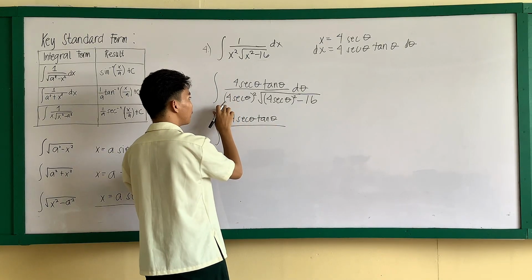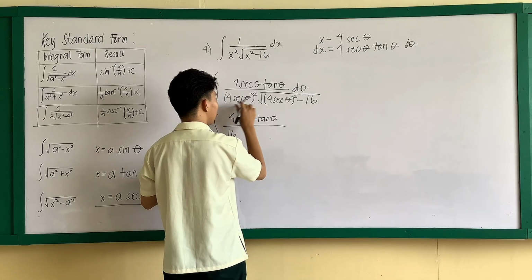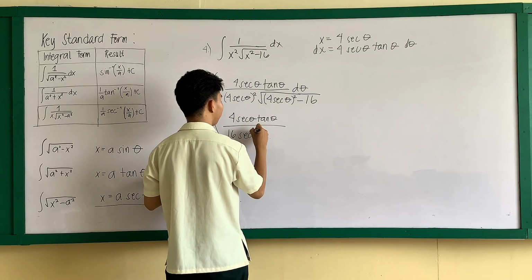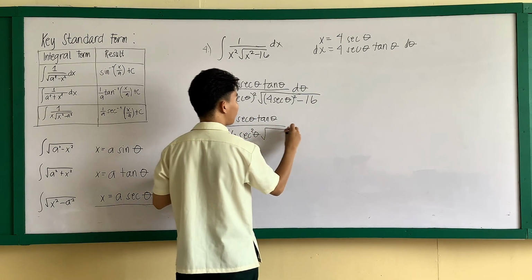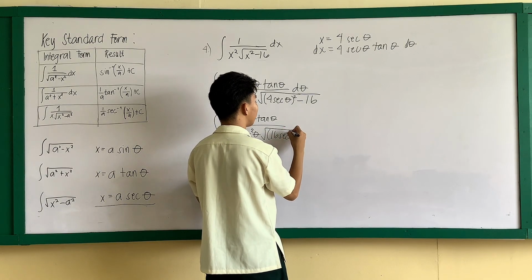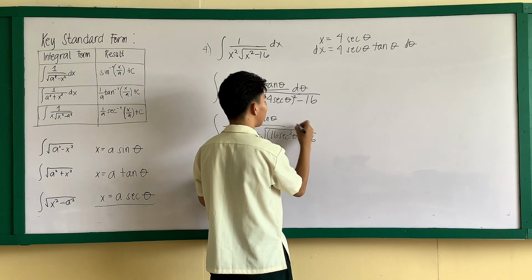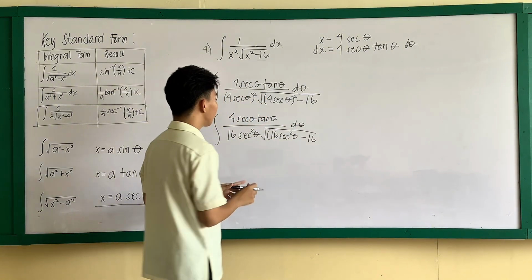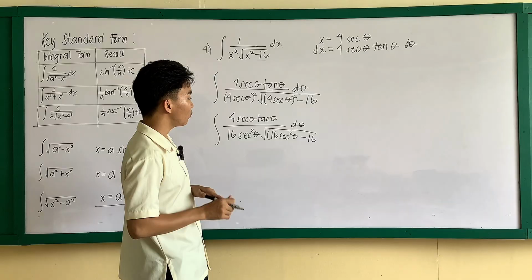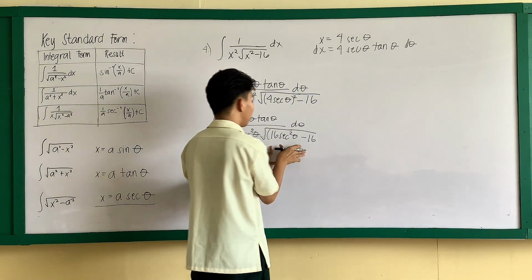Over 4, square root of 16 secant squared theta minus 16 d theta. So what we should do next is to factor out the 16 here.